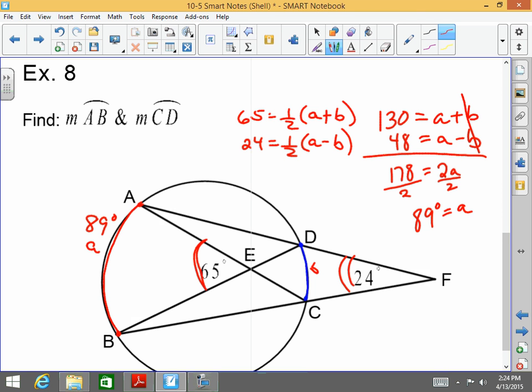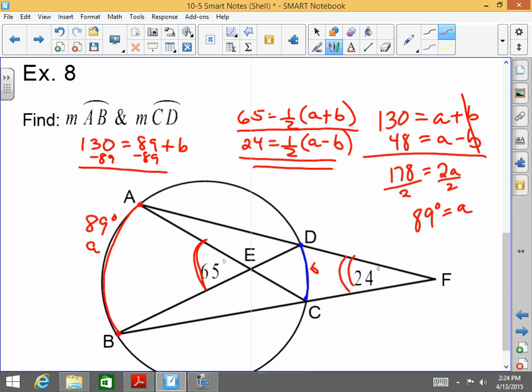Now that we know that arc A is 89, I can plug it into either one of the formulas that I started with, either my chord formula or my secant formula. I'm just going to go chord. So I've got 130 equals A, which is 89, plus B. Subtract 89 from both sides.